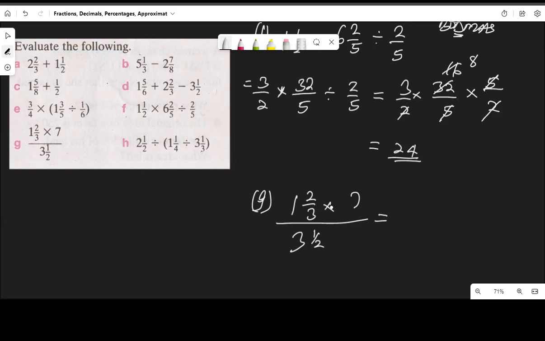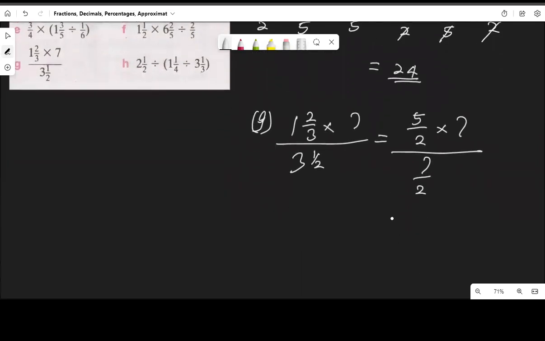Converting this mixed number to an improper fraction, 1 times 3 is 3 plus 2, 5. 5 over 3 multiplied by 7 and all over, converting this also to an improper fraction, 3 times 2 is 6 plus 1, 7 over 2. So this will be 5 times 7 is 35, 35 over 3 and all over 7 over 2.